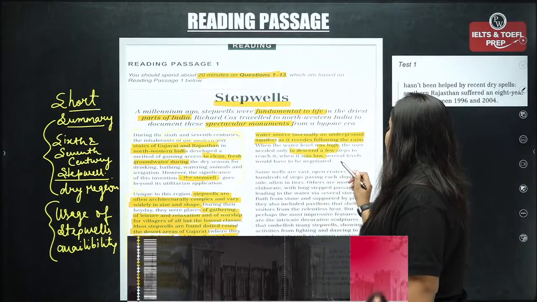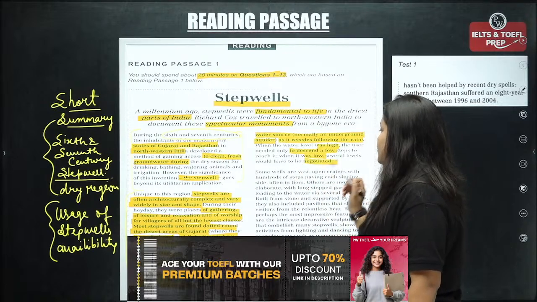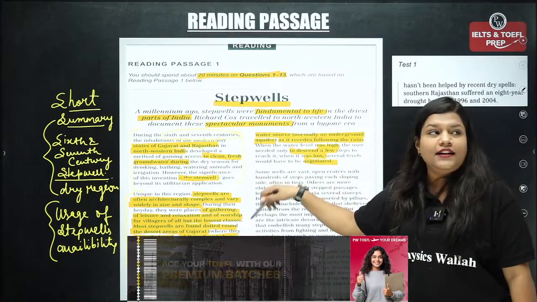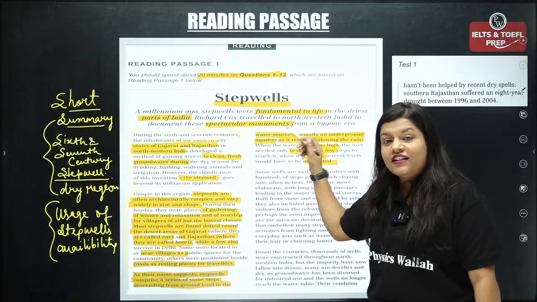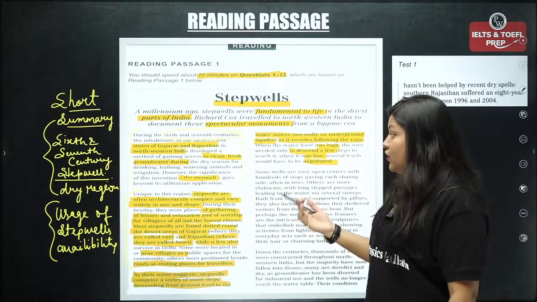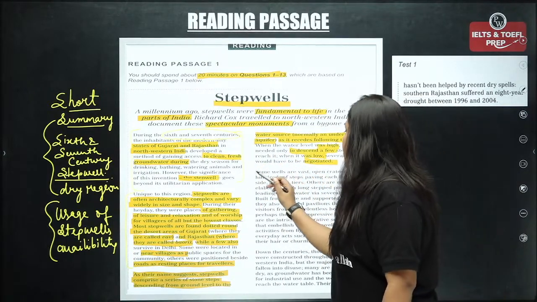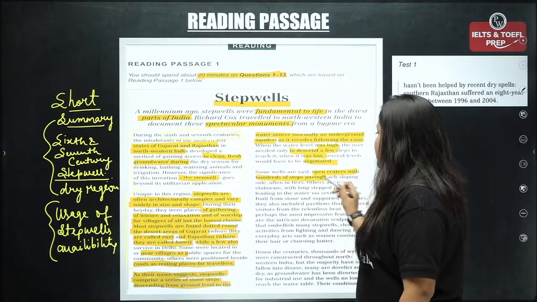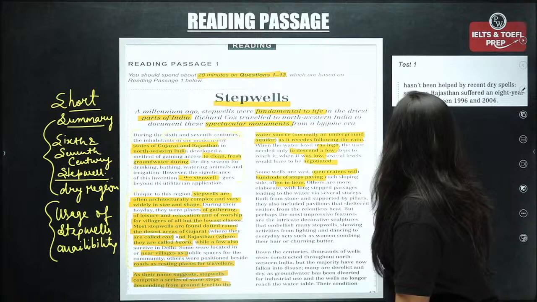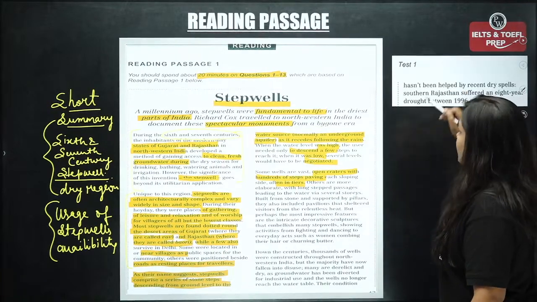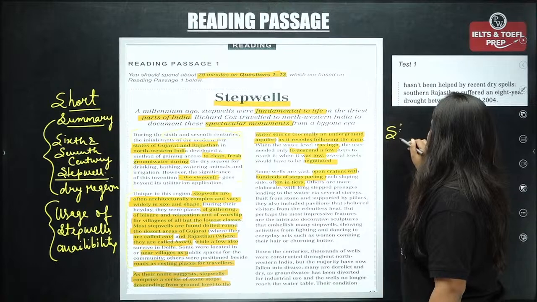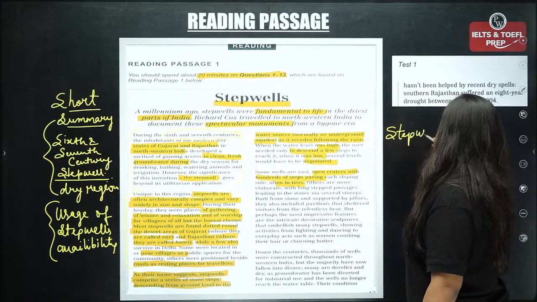When it was low, several levels would have to be negotiated. Now you can see I keep on highlighting the facts, or the words which might be asked. Some wells are vast, open craters with hundreds of steps paving each sloping side, often in tiers. So we're done with the third para. Here it is entirely talking about the step well.